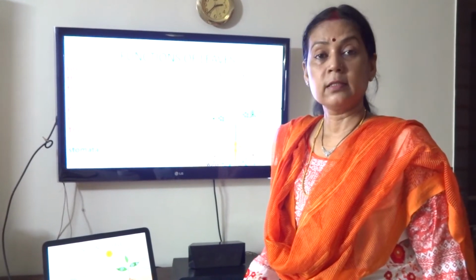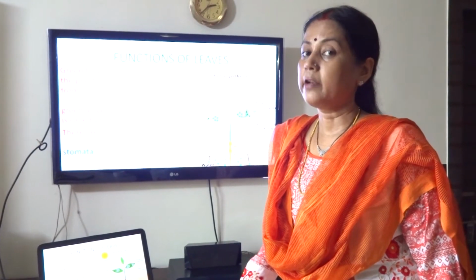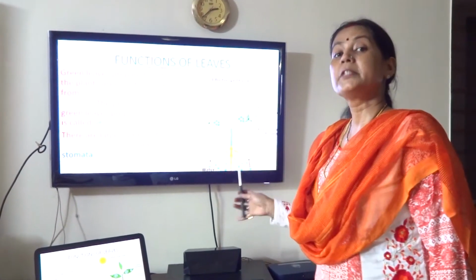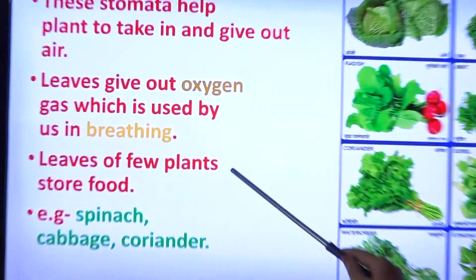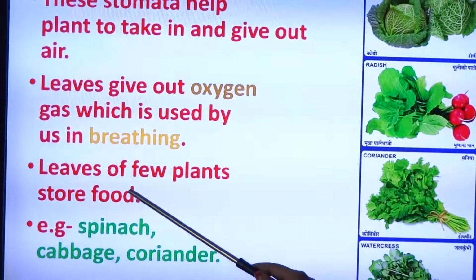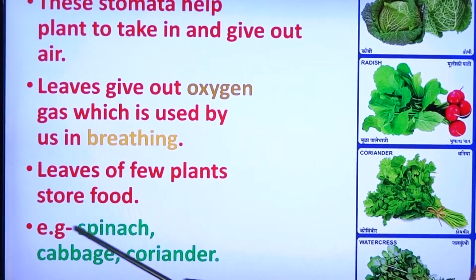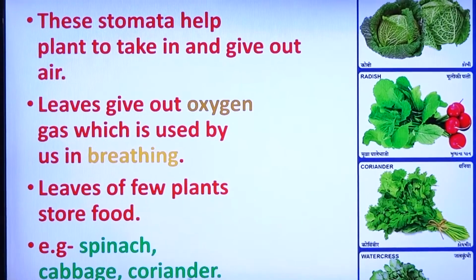The trees take the carbon dioxide and make the air fresh. It gives out oxygen which we breathe in. Leaves of few plants store food and it is used for eating. For example, spinach, cabbage, coriander.